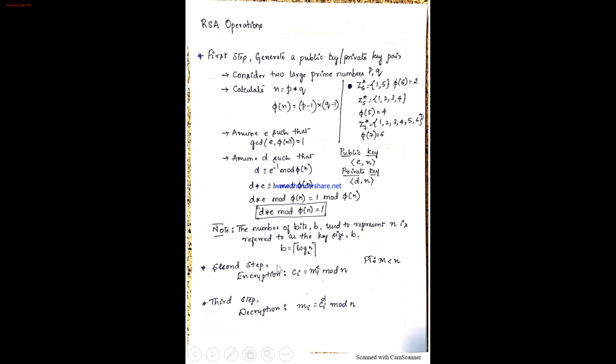Second, the number of bits used to represent n is referred to as the key size. Usually they will ask you how to compute the size of the key. The key size is log n to base 2.